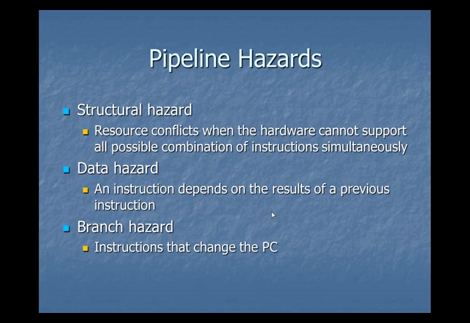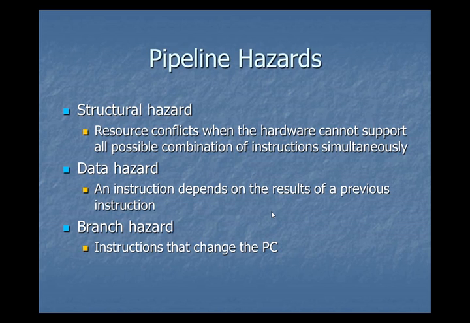Multiple instructions cannot execute simultaneously due to a resource problem, a hardware problem, because the hardware cannot support the software. As the name implies, there is a disturbing element in the structure; that is a structure hazard.